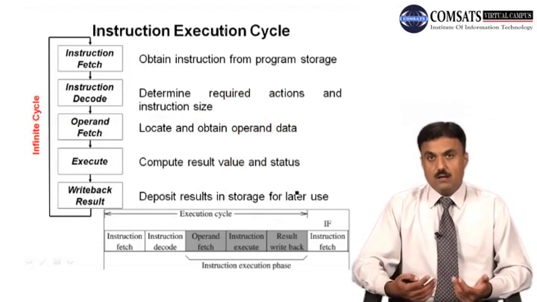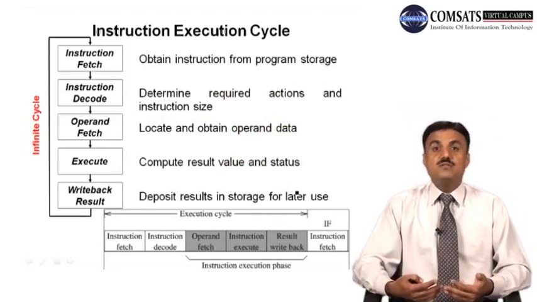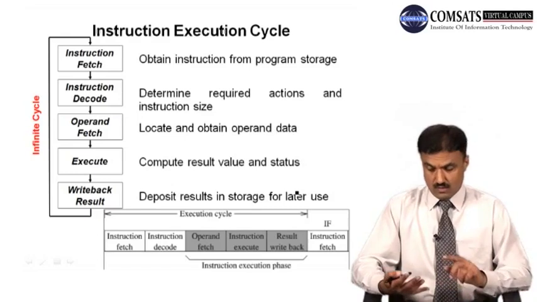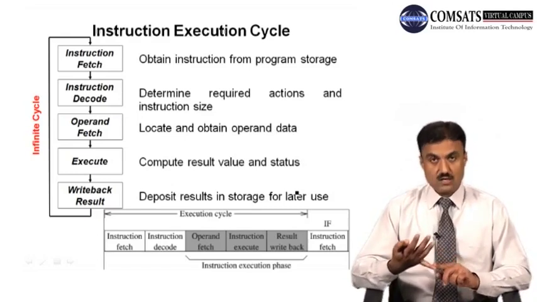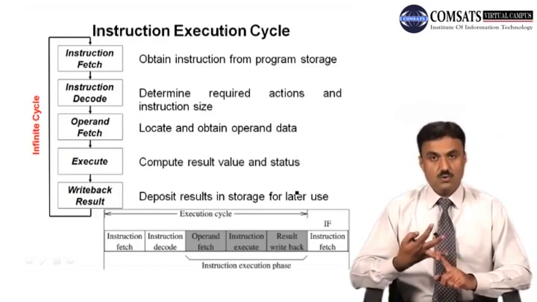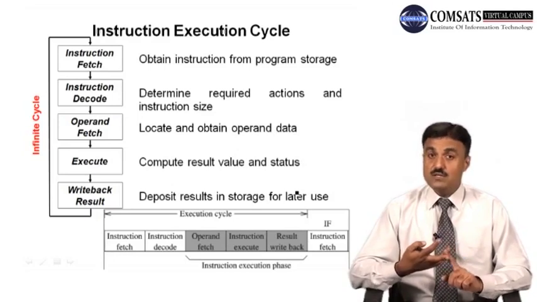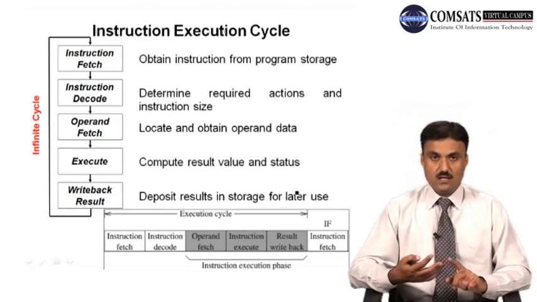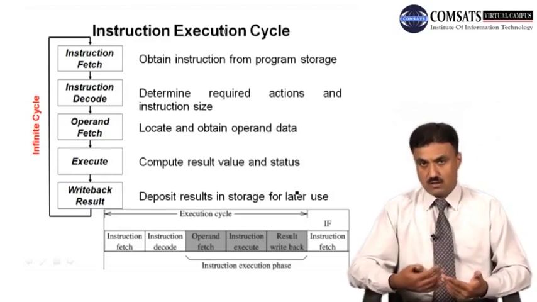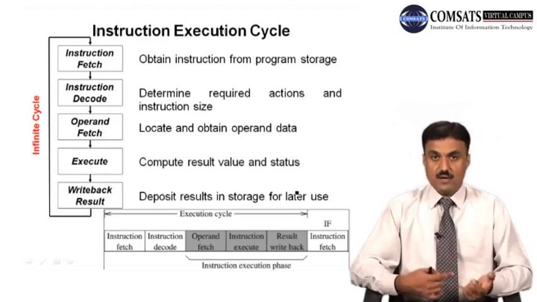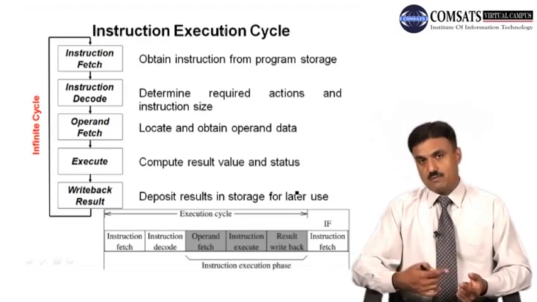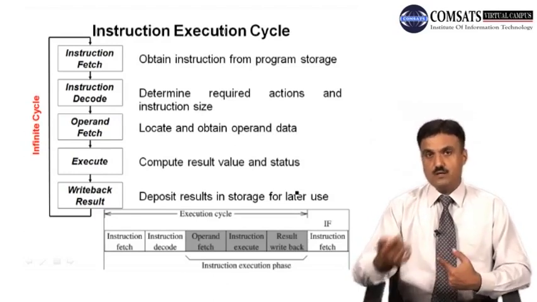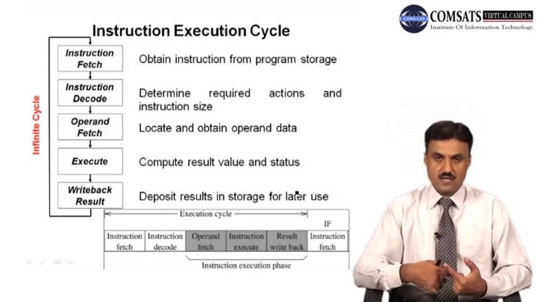Before execution, maybe we need to fetch operands. So: instruction fetch, instruction decode, then we need to fetch operands. Some instructions need operands, like if we want to load something, or perform addition, but before performing addition we move a value, as in indirect addressing.